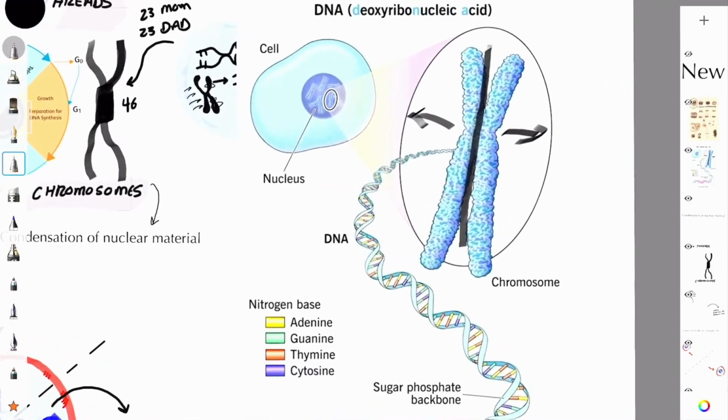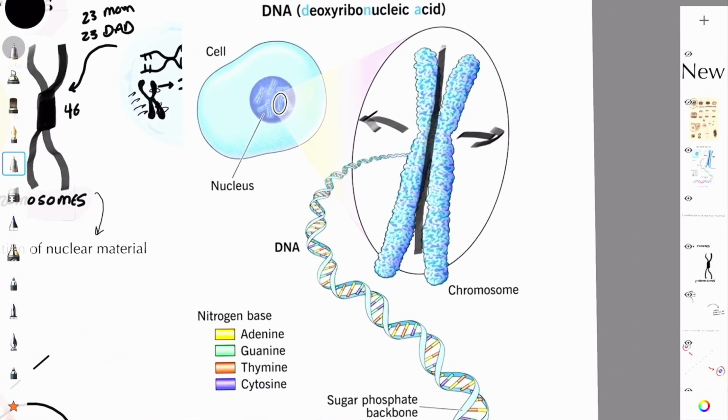So just to kind of show you another picture of it so you can get a better idea of this, if we look at a cell, here it is, right? Here we go. If we look at a cell, and here is the membrane, and here is the cytoplasm, and here is the nucleus, inside of the nucleus is all of this chromosome, right?